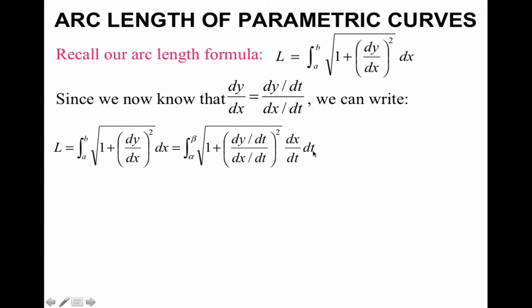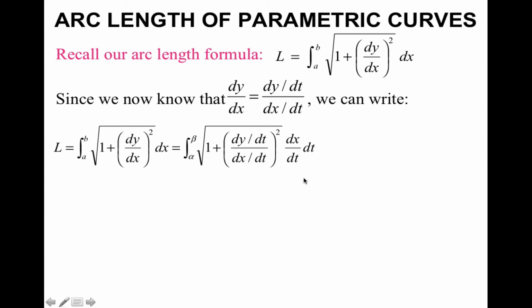dx dt dt. All right, and the reason why we have dx dt dt is because we had to translate the dx over in terms of dt, and from earlier we had that dx is equal to the derivative of the x function dt.